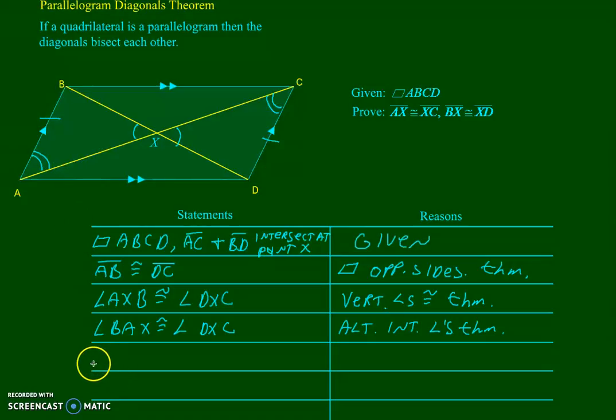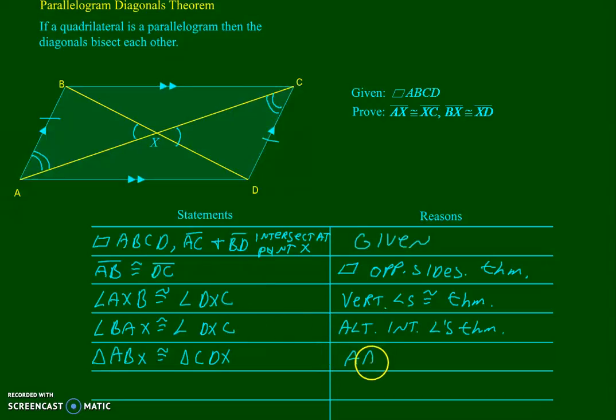We can say triangle ABX is congruent to triangle CDX, and that's angle, angle, side.